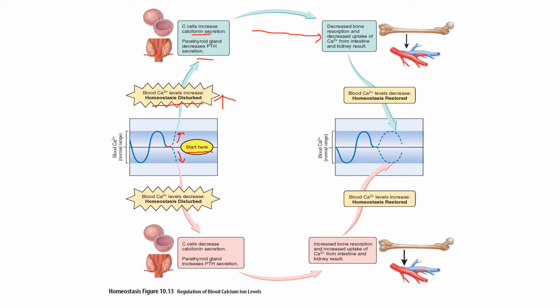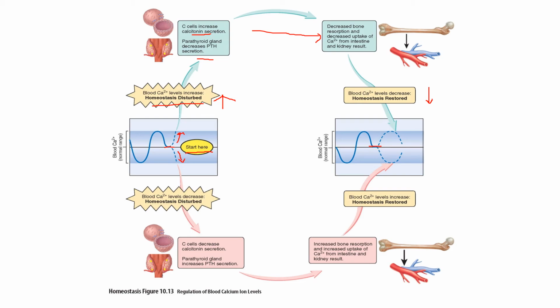So there would be decreased bone reabsorption and decreased uptake of calcium from the intestine and kidney result. So, once na nagkaroon na ng response, of course, babalik ngayon or magdi-decrease na ulit yung level ng calcium and your homeostasis will be restored.